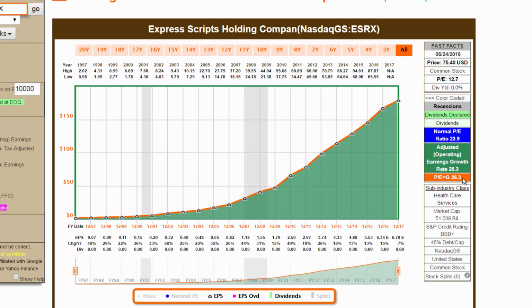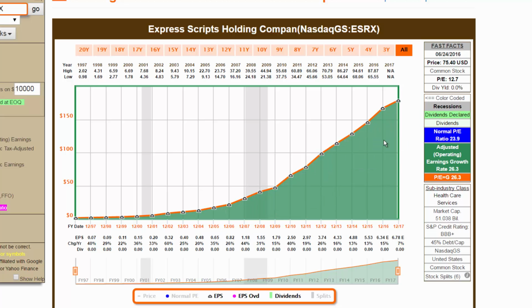But I also want you to understand that we're now utilizing the formula that Peter Lynch made famous, the PE ratio equal to the growth rate, to draw the orange line. So instead of having a 15 PE here, we have a much higher PE of 26.3. As you can see, anywhere I touch the triangle here, it's 26.3 times the company's earnings. But also I want you to notice the much steeper slope.